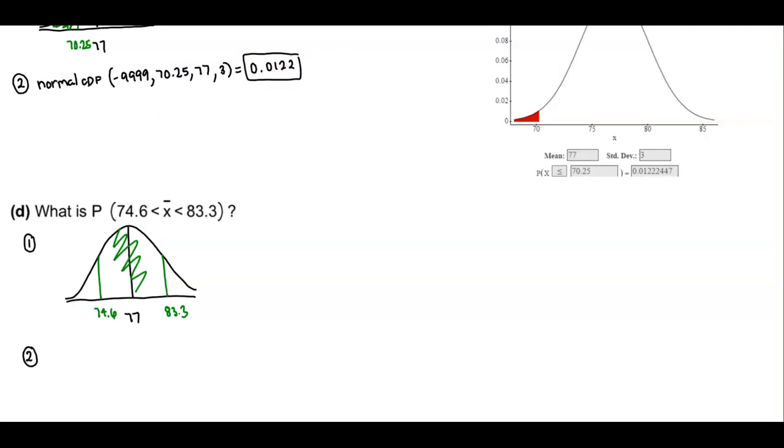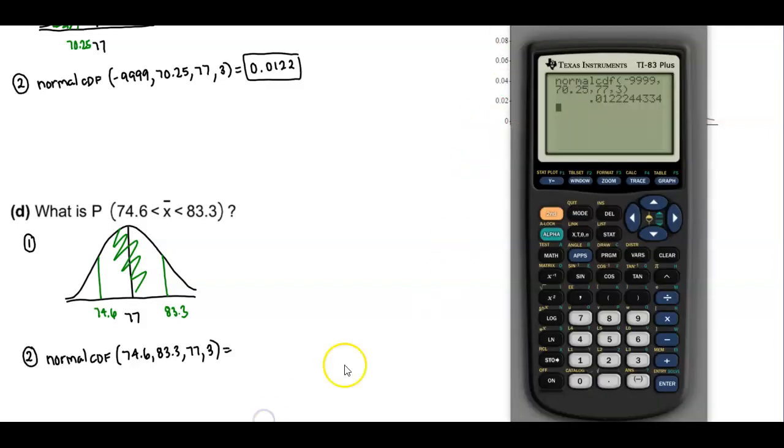Again, using technology, we use normal CDF with a lower bound of 74.6 and an upper bound of 83.3, with a mean of 77 and a standard deviation of the sample means of 3. So let's use the calculator. Second distribution, normal CDF. Our lower bound is 74.6, our upper bound is 83.3, our mean is 77, and the standard deviation of the sample means is 3.